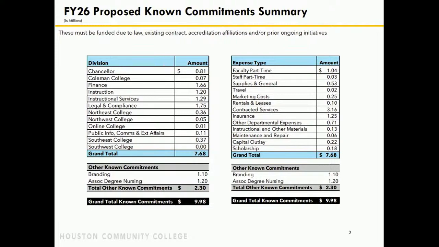But this is all baked into the existing expenses. So it's not in addition, it's just ongoing commitments that we can't get out of for the FY26 budget year. And so I just assume that you've had a leisurely walk through the multiple pages so you could see what everyone was looking for.